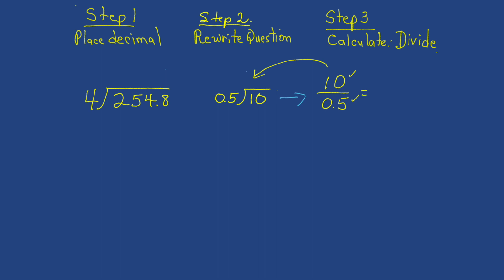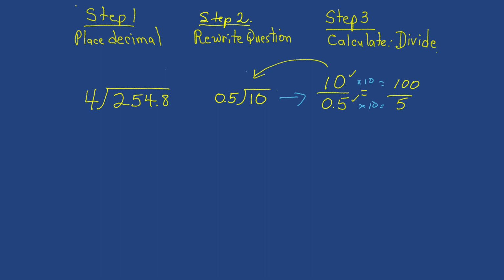So let's multiply both by 10. And you will see that that moves the decimal over. So 0.5 times 10 is 5. And 10 times 10 is 100.